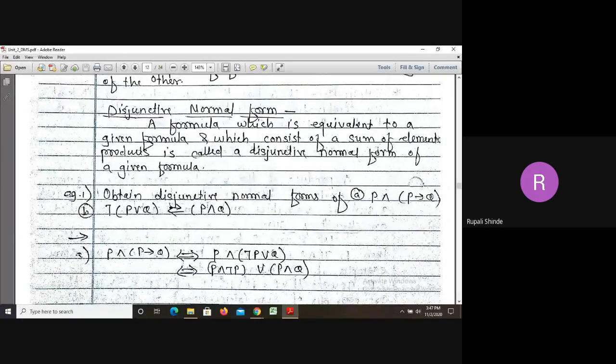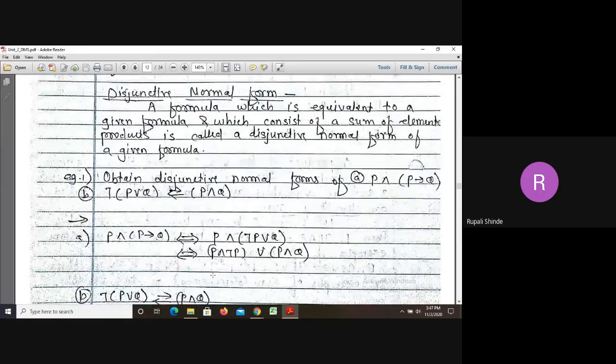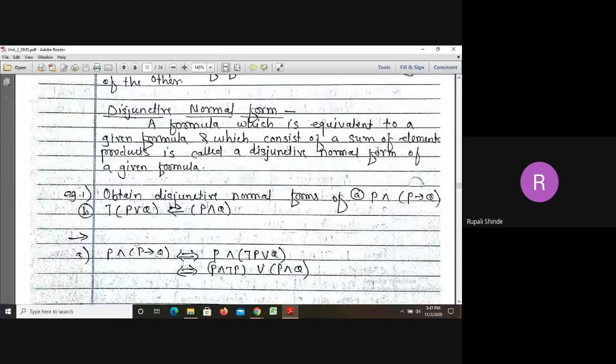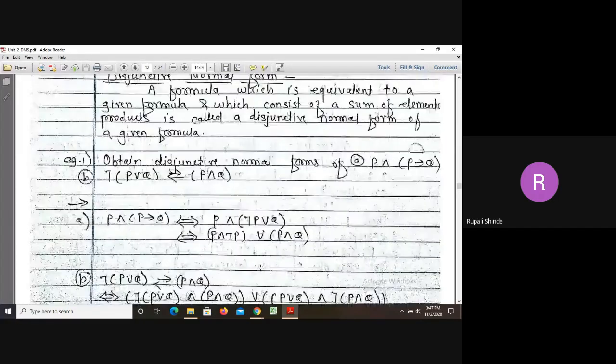Here we got a sum of elementary products. That's why this is the required DNF for this given formula. Have you understood this example? We just simplified it. Yes, ma'am. Okay. So first we converted this conditional into an equivalent formula and then applied the distributive law.